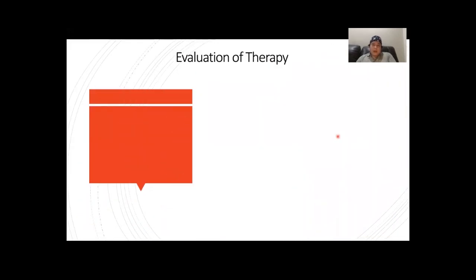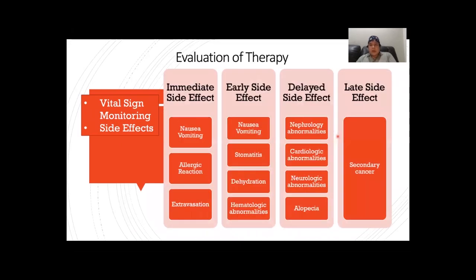So after that, what to evaluate after the therapy? We monitor the vital signs, of course, and also the side effects. There are myriads of side effects of chemotherapy, but we need to make sure and follow them closely.